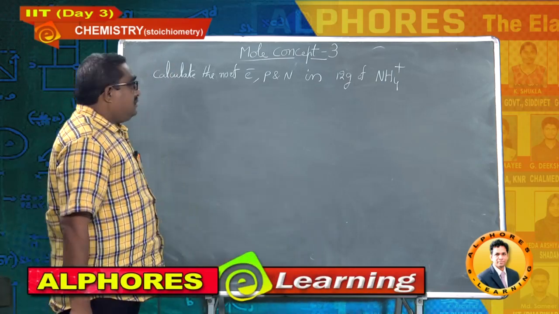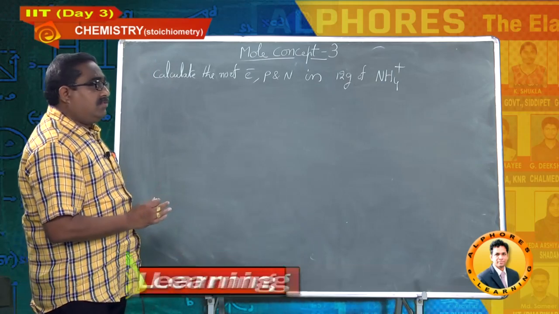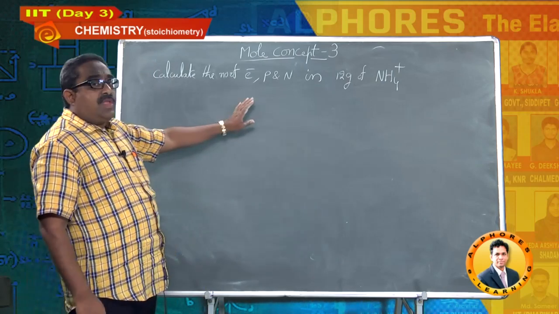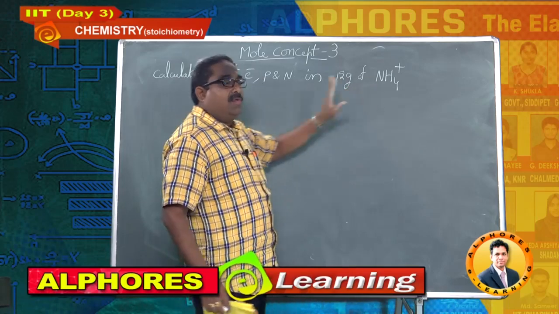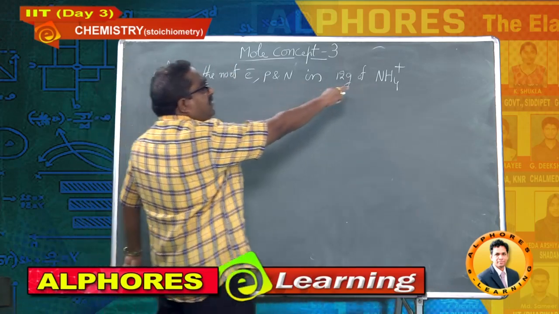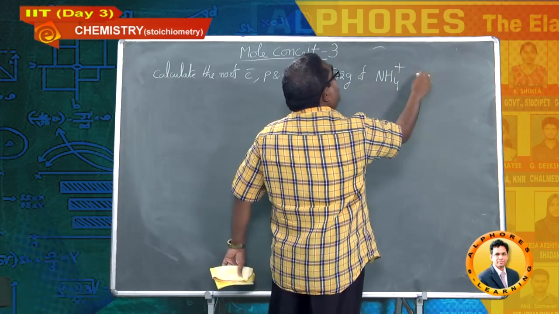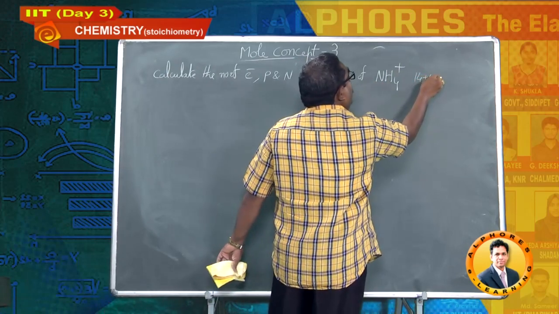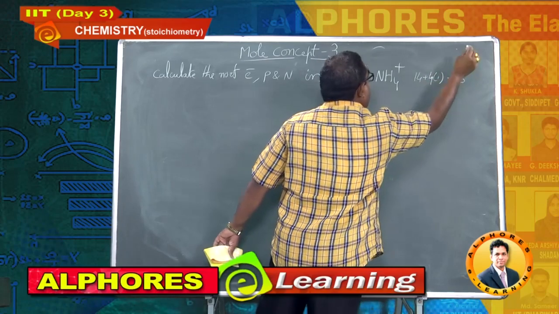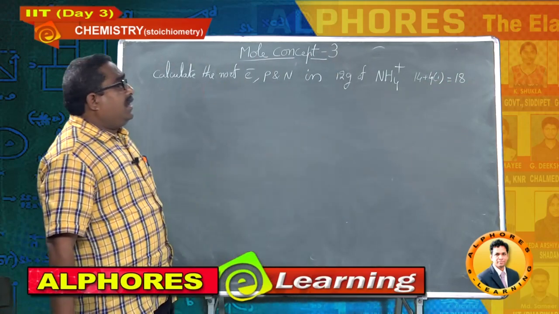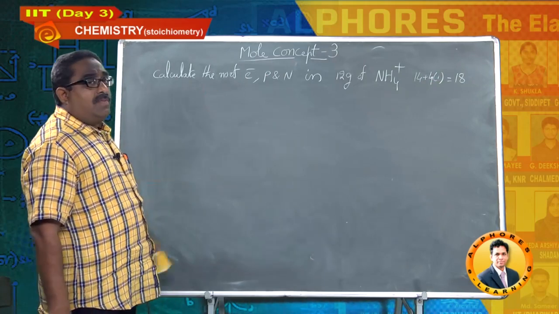Okay. Same approach we have to follow. First of all, we should calculate the number of species present in 12 grams of ammonium. For that, I have to estimate first the formula weight of this. Nitrogen atomic weight 14 and 4 into 1, that is total 18 grams is the formula mass of ammonium ion.